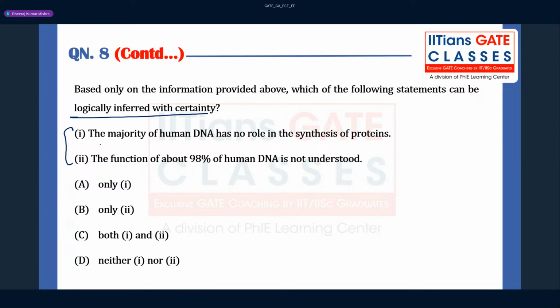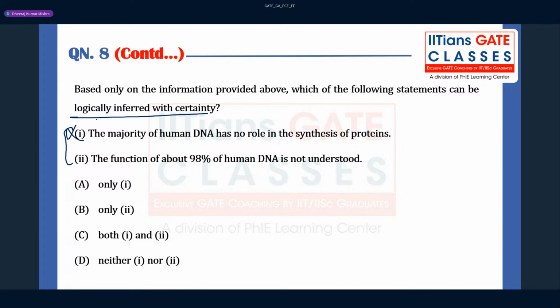You see here, guys, the first statement: the majority of the human DNA has no role in the synthesis of protein. Nowhere is it mentioned that the majority of it has no role. This is very important to realize. I think this is clear.